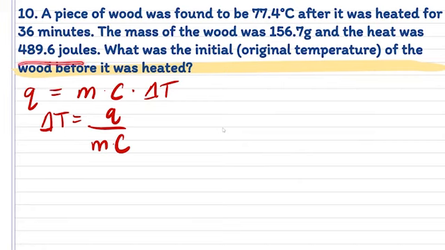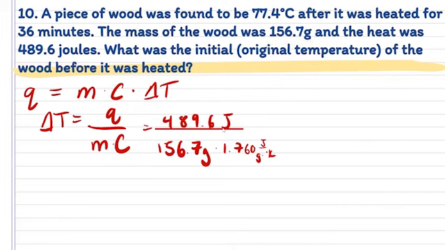We know how much heat was added. We know our mass, and my table lets me know my specific heat. So plugging those numbers in, I get a change of temperature of 1.775 degrees.